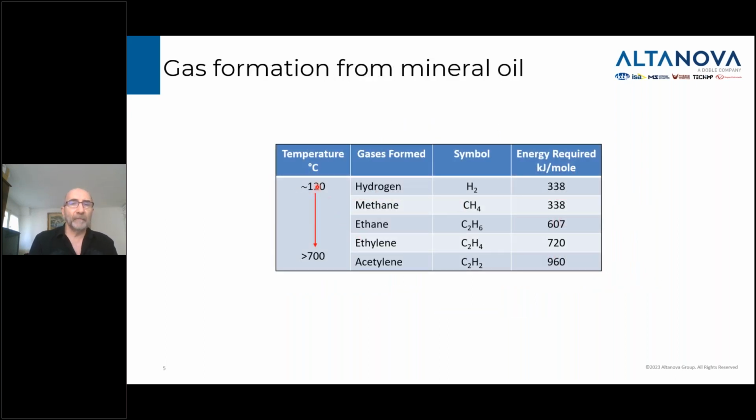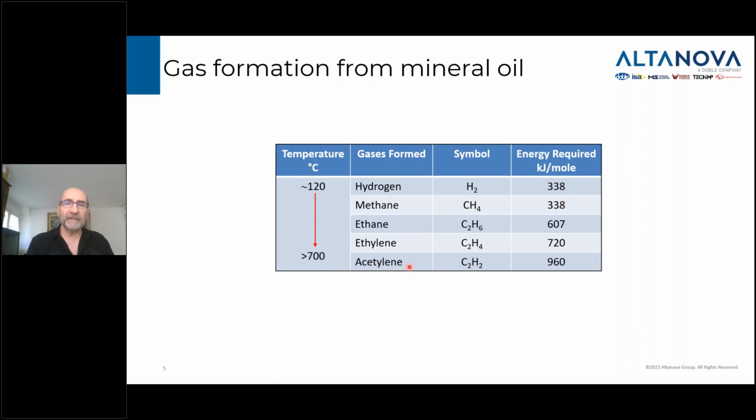Now, why are those gases created? Well, as the temperature of the fault increases, as I said, from 120 to way over 700 degrees C, and up to 1200 for acetylene, the fault generates a lot of energy, and that energy creates those gases. So methane carries mostly around 338 kilojoules per mole of energy.